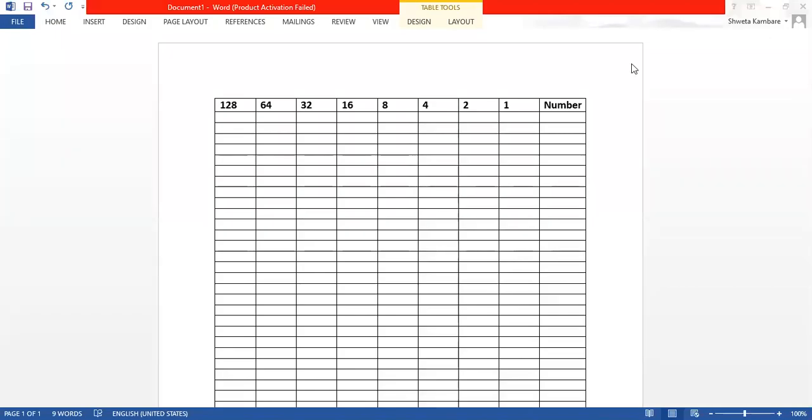Hello friends, today we are going to talk about how to add two numbers in binary format. In the last lecture we talked about how you can convert decimal numbers into binary numbers, and after that we also discussed how you can increase the bit length by using padding of zeros.